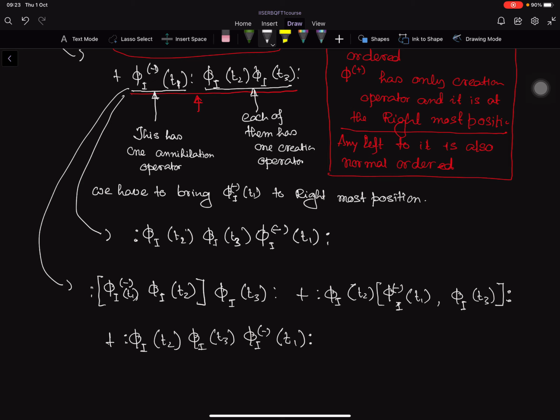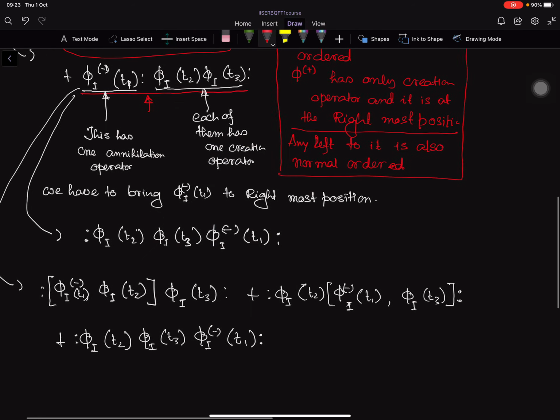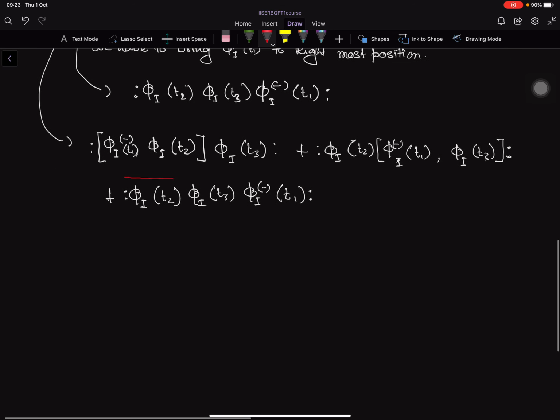Okay, so this term is already good again, because this is already normal ordered, which is what we want. So what about the other two terms?